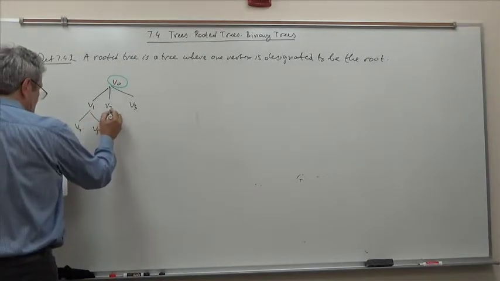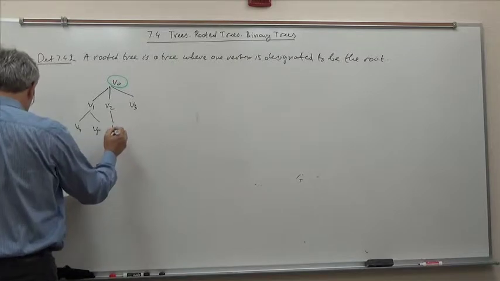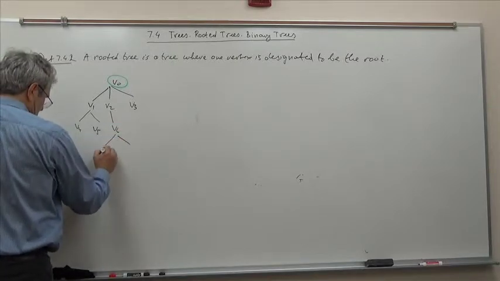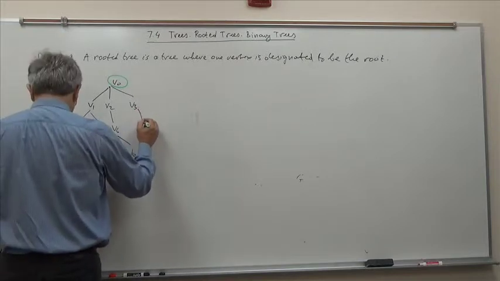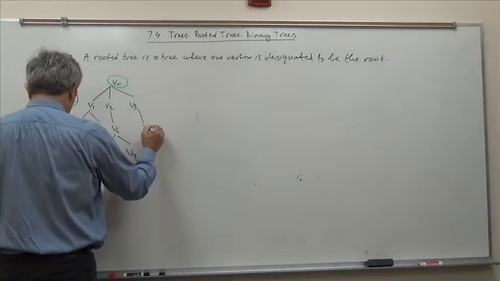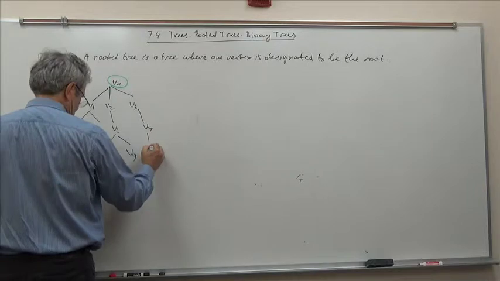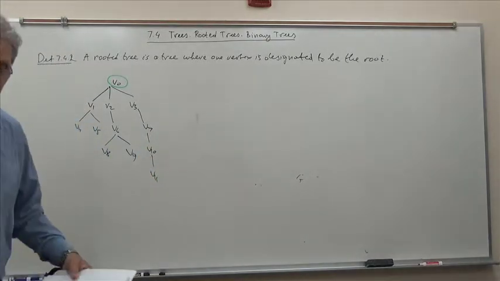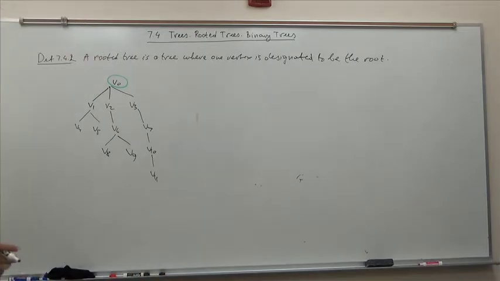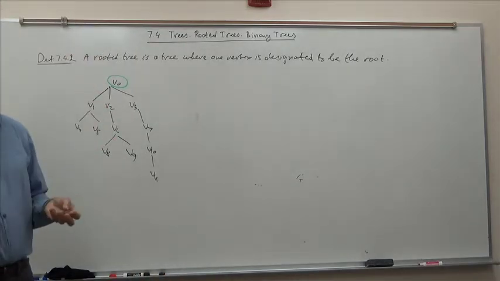And then V2, we have V6. And then V8, V9, for example. And then V3, V7, and then V10, and V11. So generally, by just taking one of them to be the root, you can make a hierarchy.